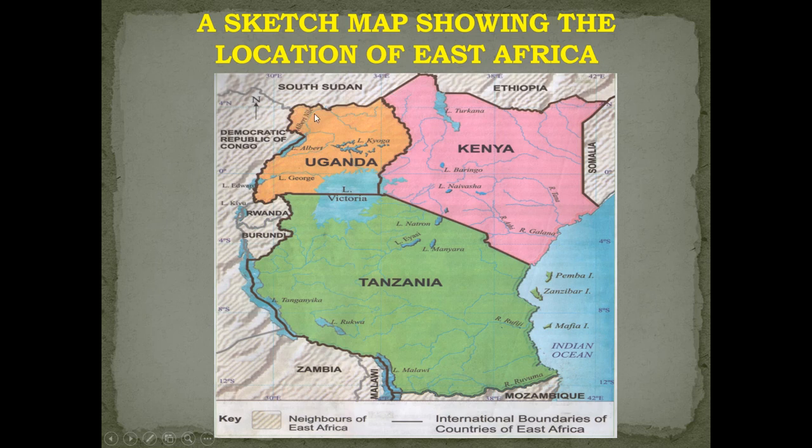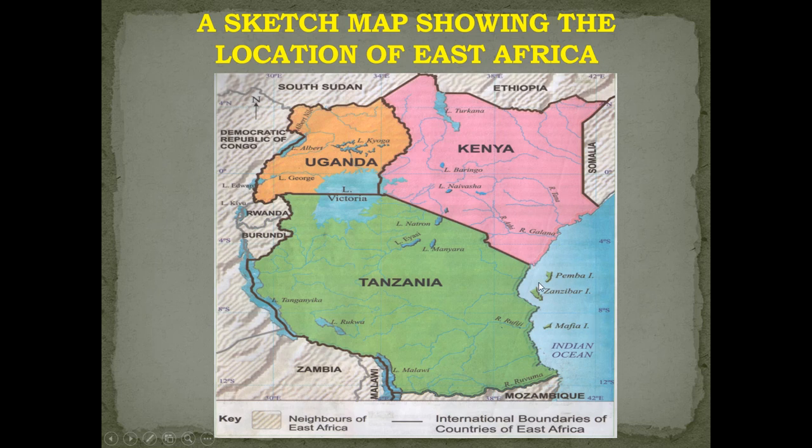Therefore, this is the location of East Africa. We are locating it either by latitudes and longitudes, or we can locate East Africa by using the countries and features which surround, or which border, the three East African countries.